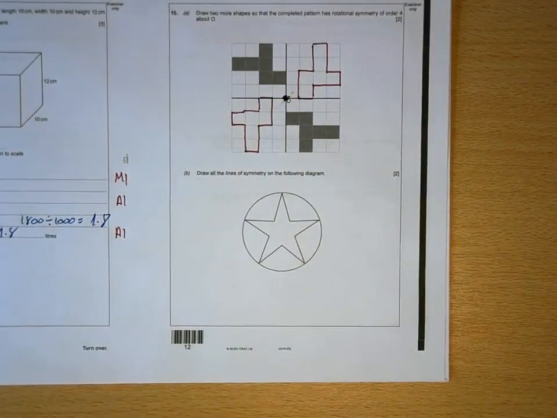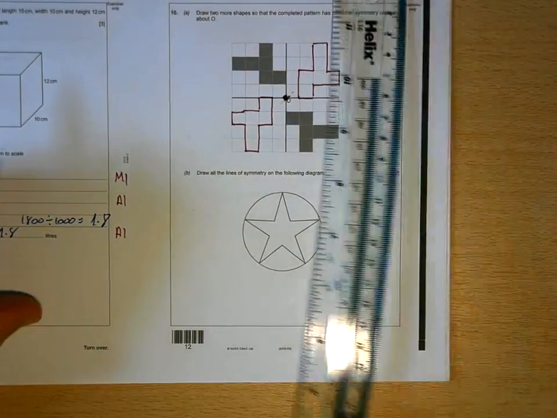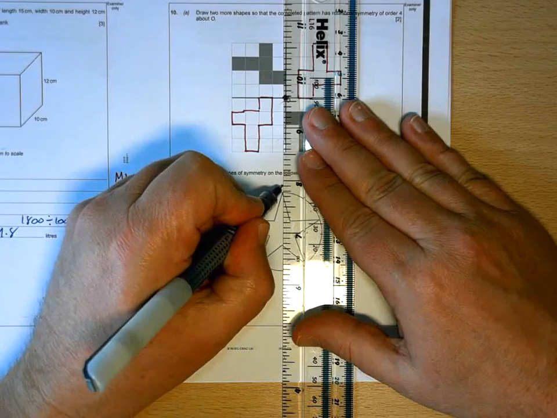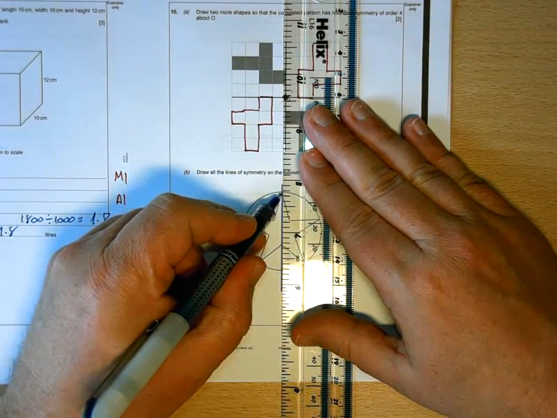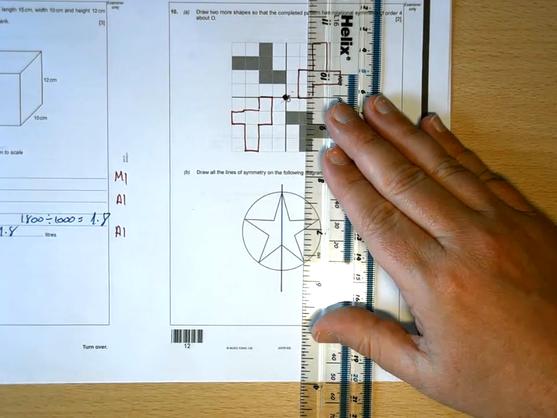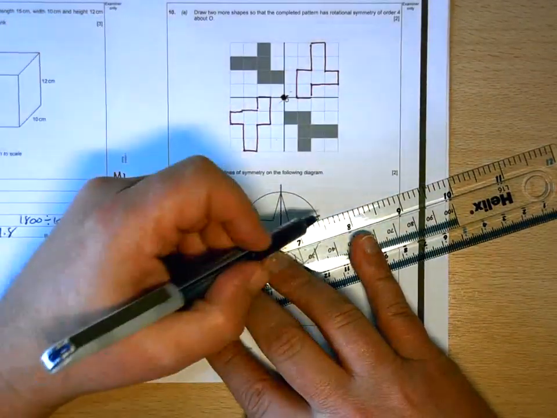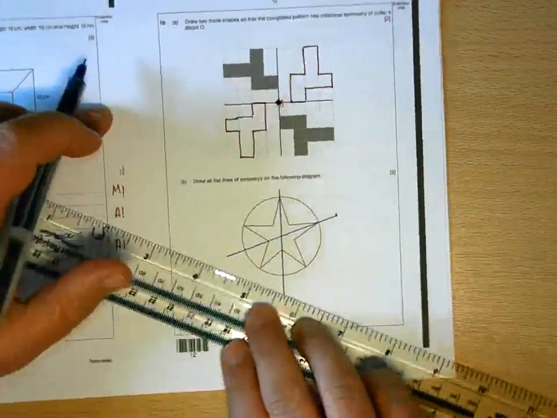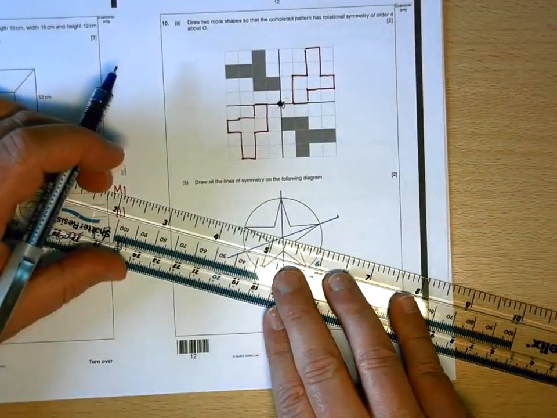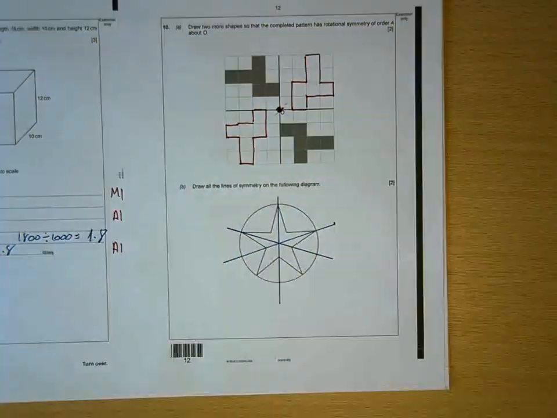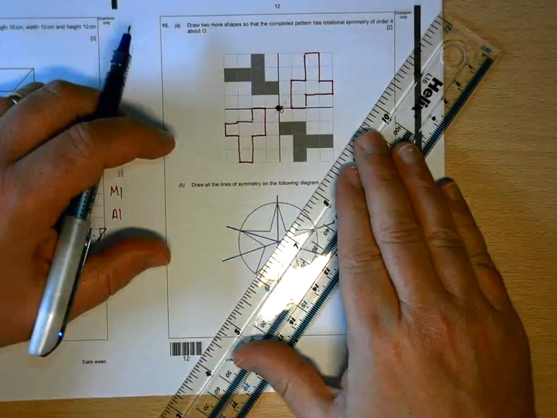Part B, draw all the lines of symmetry. So now we're talking about reflective symmetry. Now I'm using a red pen. So mirror lines on this, if you had one from the pointy bit going through the opposite section, everywhere where you've got a pointy bit is going to be a reflective line of symmetry. So we're missing one more, which is that one.